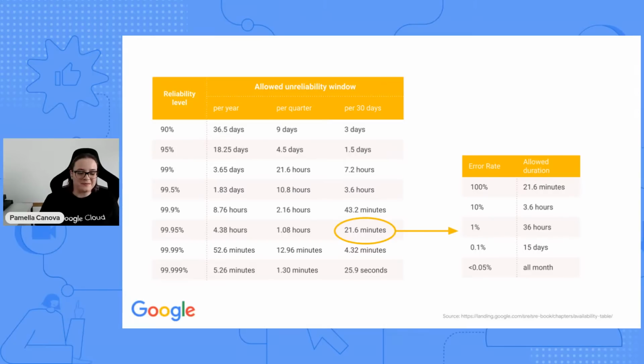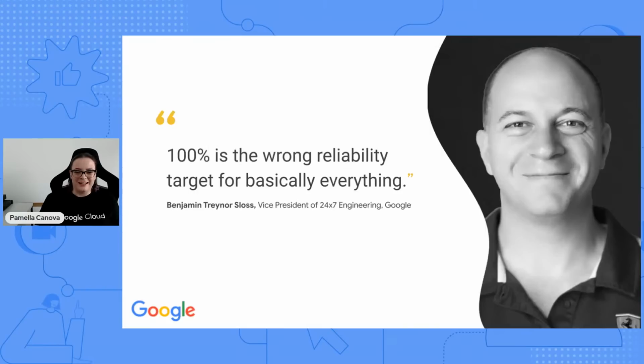And as Ben Treynor said, 100% is the wrong reliability target for basically everything, because it's impossible to have any kind of product that's 100% available all the time forever.